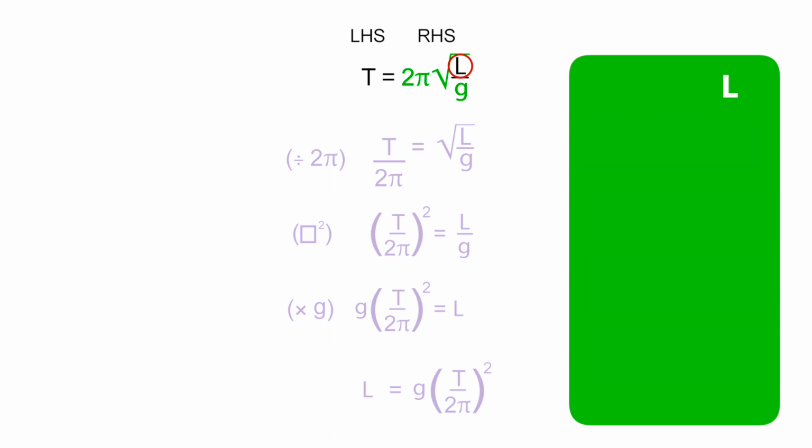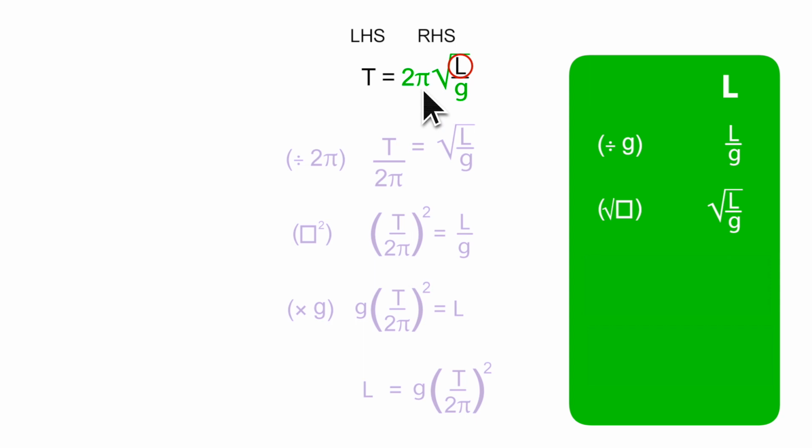Starting with L, the first thing I'm going to do is divide through by g. So we end up with L over g. The next thing we're going to do is find the square root of L over g. I'll write it like this. So we now have the square root of L over g.